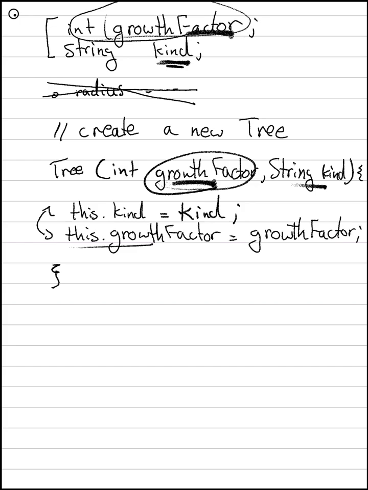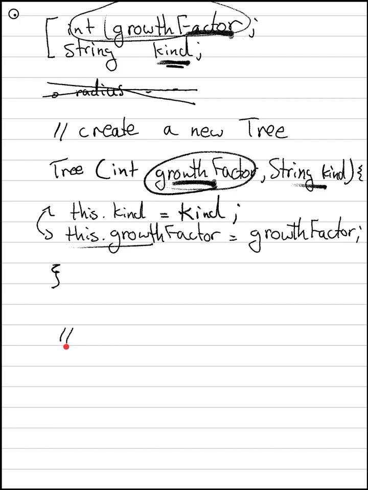Excellent. All right, so we have our constructor. Now we need to design a method to determine how much is the age of the tree, right? Yes, let's start with the tree's age. All right, how do we design this method systematically? We'll start with the purpose statement. Excellent.